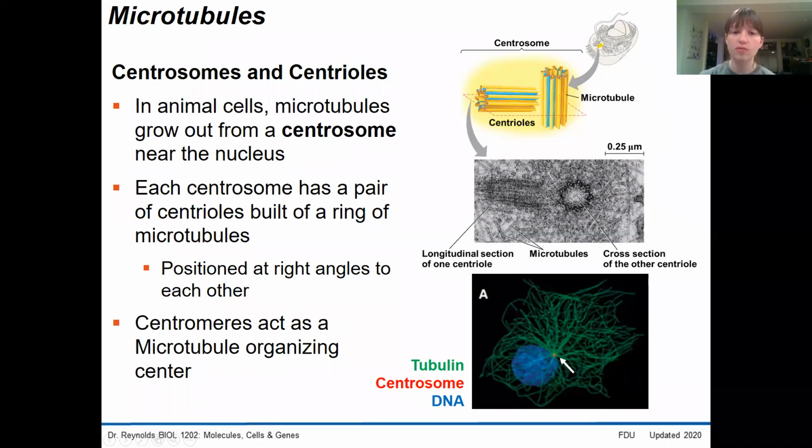This centrosome is an organizing center, but it's also something that you can see if you know to look for it. And it helps you to identify this component of the cytoskeleton. Each centrosome is a pair of centrioles, so you may see this structure at 90 degrees of one another, and so there's also a characteristic shape here.